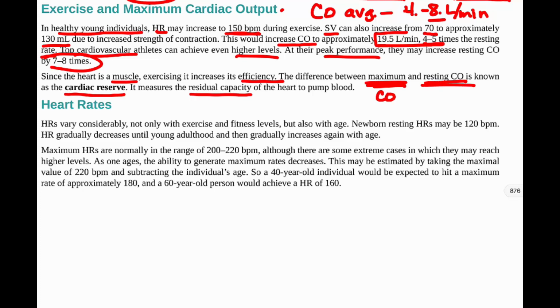If you subtract those two, then you get what's called the residual capacity, or the cardiac reserve. So that's what your body can use if it needs to. It's its reserve, its backup.